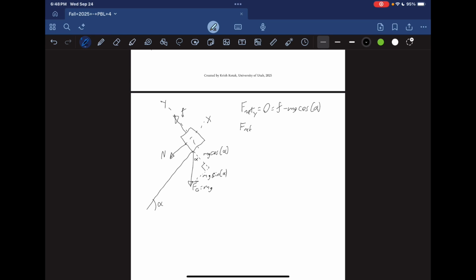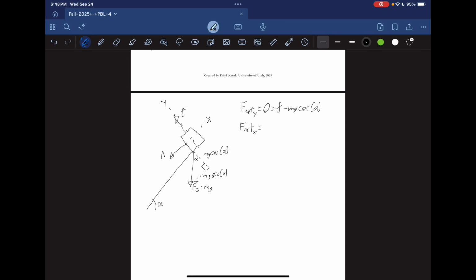And then F net x is going to be our centripetal force, because our x-axis we've decided is in the direction of the centripetal acceleration, and centripetal acceleration is always going to point directly towards the center of the circle.